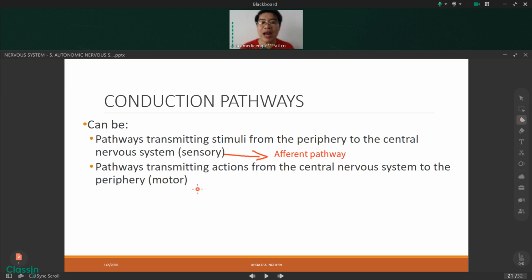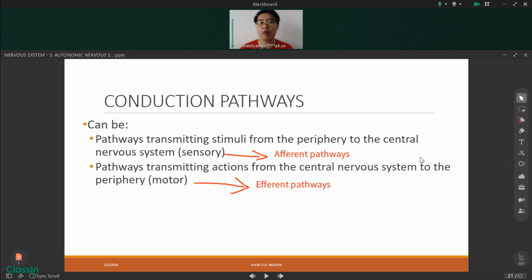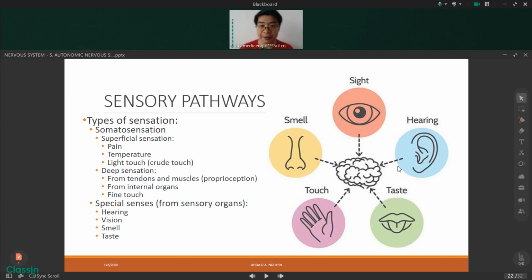You call that the motor pathways. Another word for the motor pathways is efferent pathways. So you have two types of pathways, the afferent or sensory pathways and the efferent or motor pathways. Those are the two pathways that we are going to look at today.